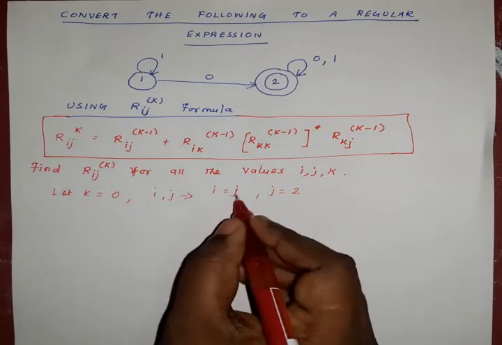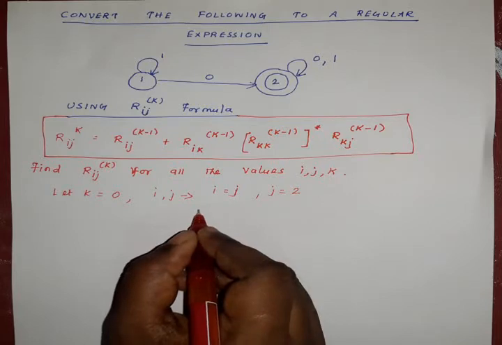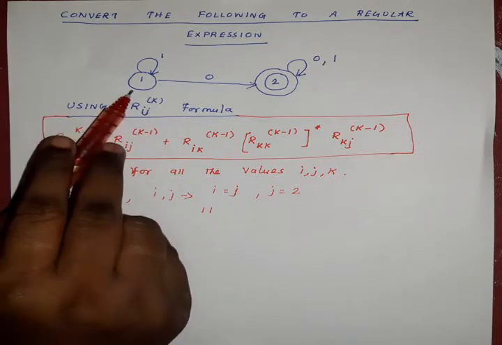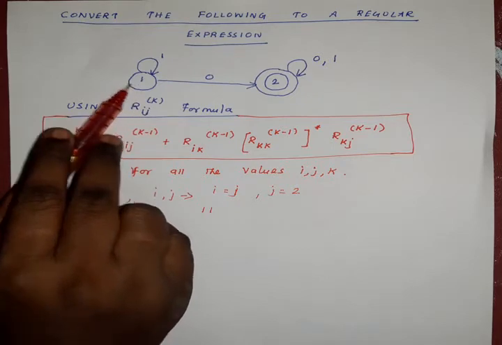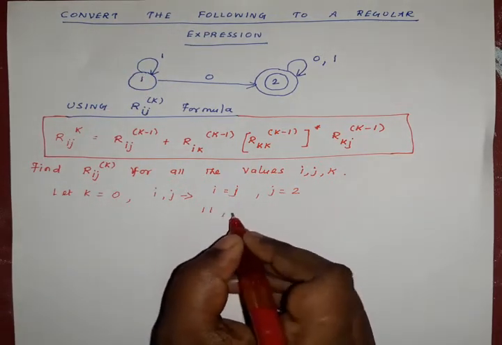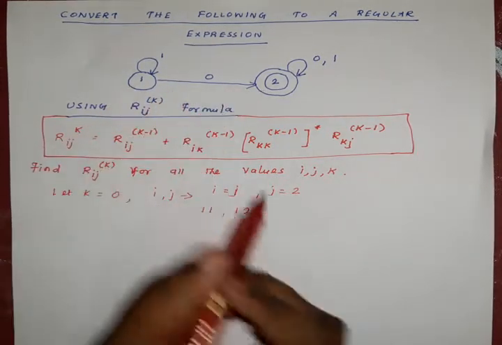The first combination is 1 1, which means the path goes from state 1 to state 1, the self loop. Another combination is 1 2, that is the path goes from 1 to 2.